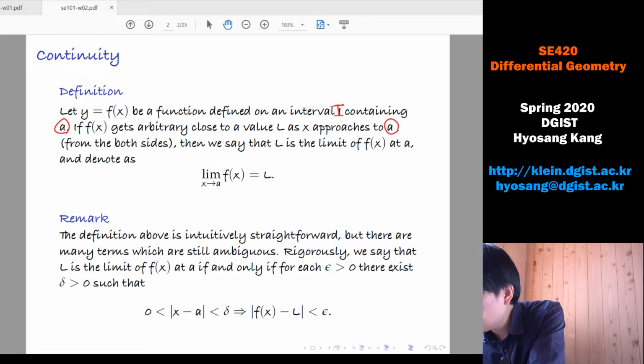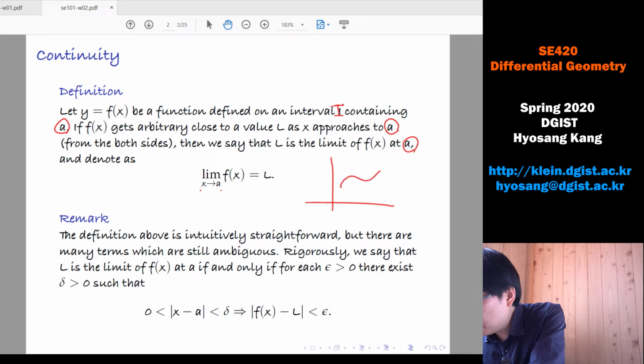Let me circle the symbols, to distinguish the letter A and the math symbol A. Then we say that L is the limit of f(x) at a, and we denote this as the limit of f(x) as x goes to a equals L. So this is the usual definition that you already know.